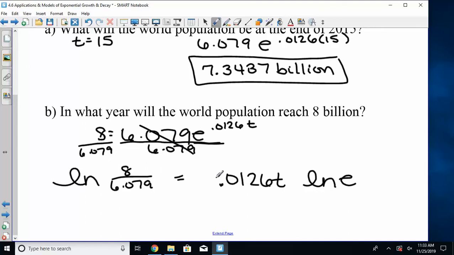Okay, is that less confusing? We know the natural log of e is 1, so we could drop that. Then we divide by the 0.0126.